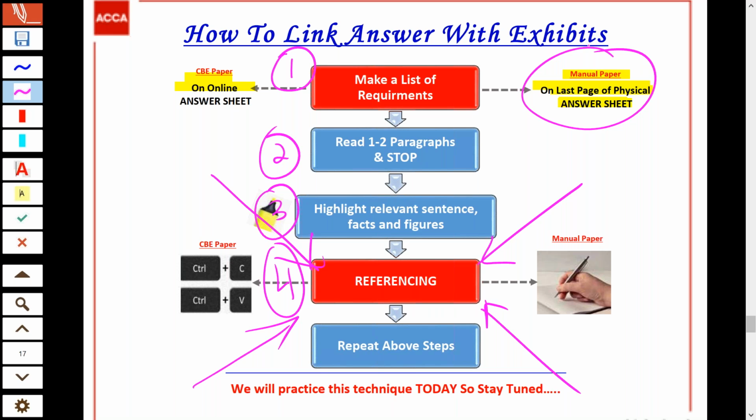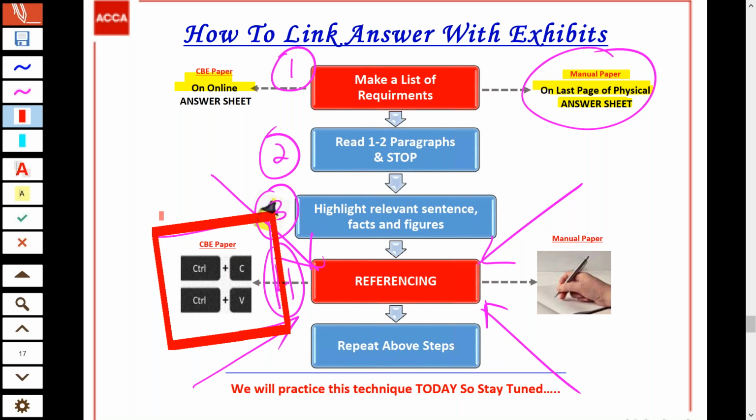And for students who are giving the computer-based CBE paper, of course you can't write on the computer screen. So the technique there is basically you copy the relevant sentence, Control-C, Control-V, and paste it on the answer sheet under the respective question.